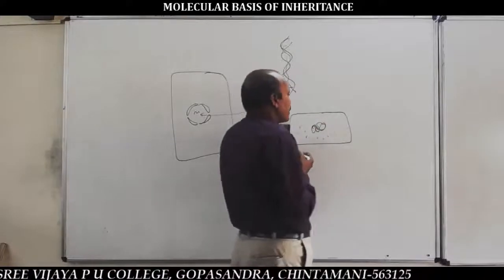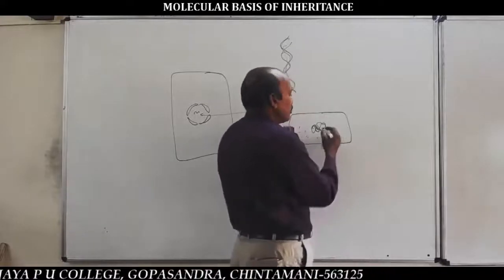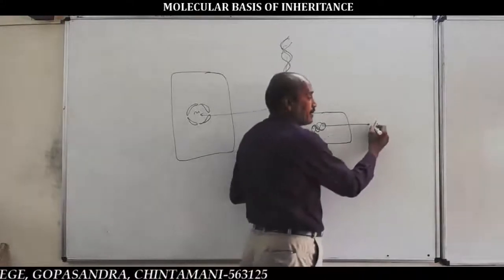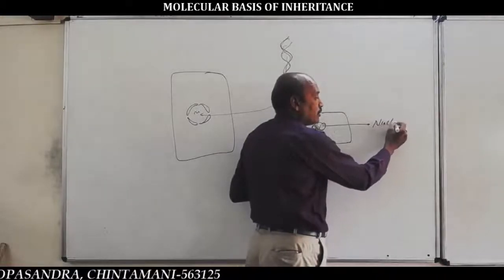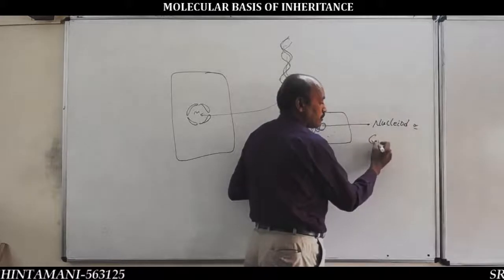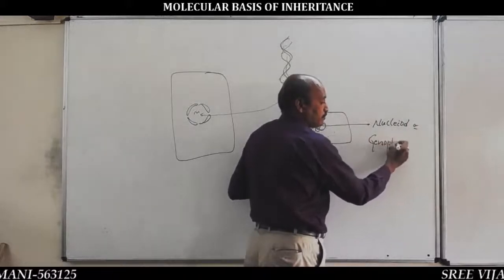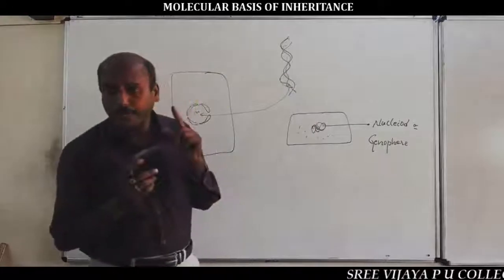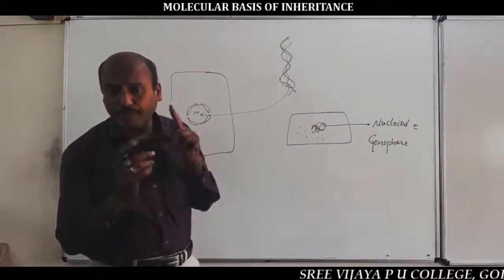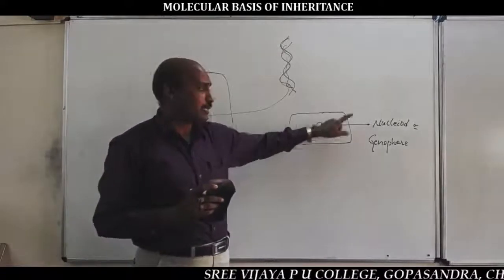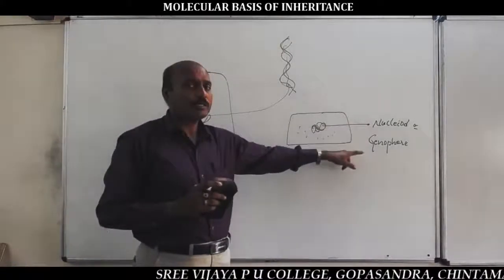This kind of nucleus present in prokaryotic cells is called nucleoid or genophore.